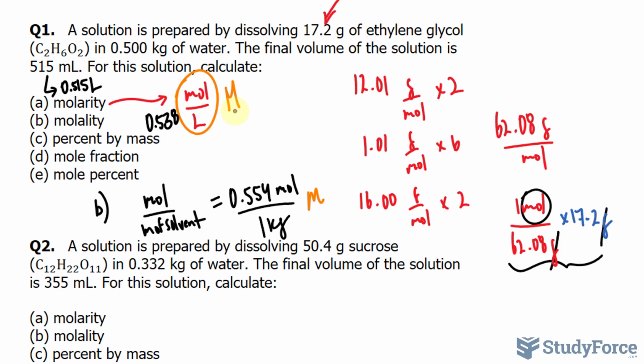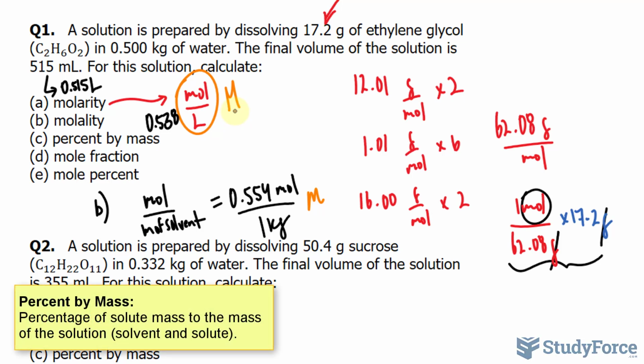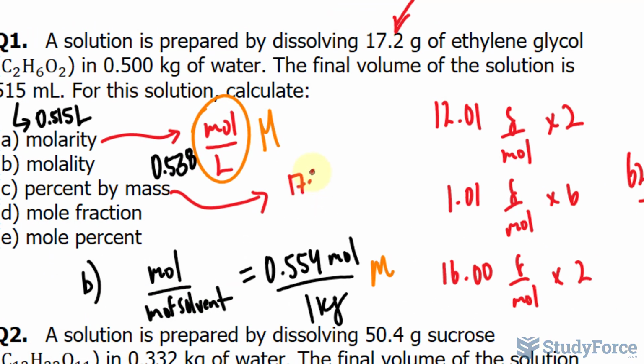To find the percent by mass, we divide the mass of the solute by the mass of the solution. So the mass of the solute was 17.2 grams. Let's write that down. We have 17.2 grams. And the mass of the whole thing is 17.2 grams plus this mass.